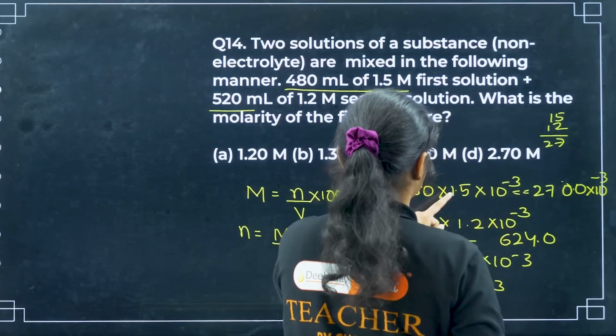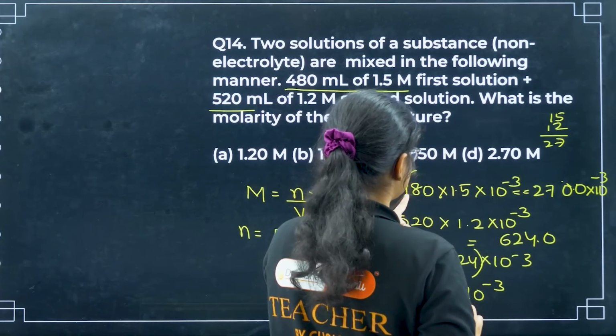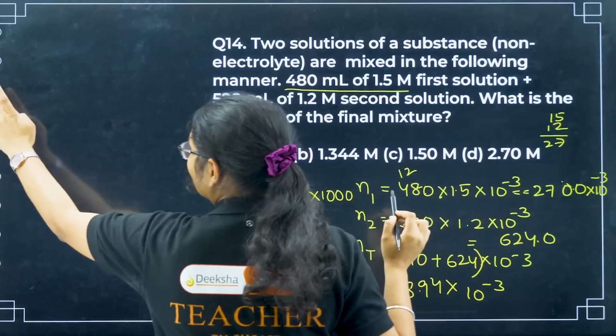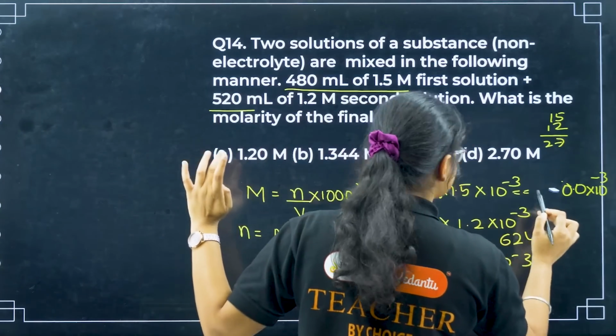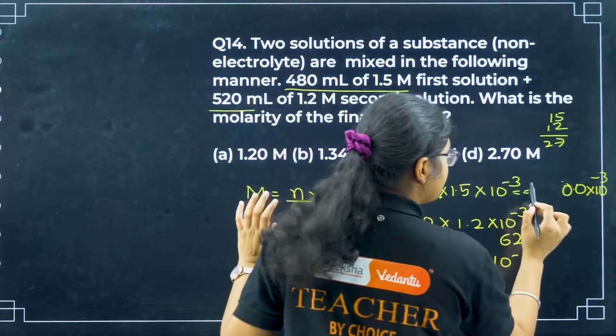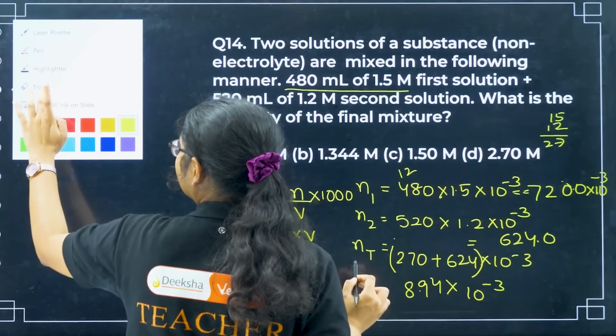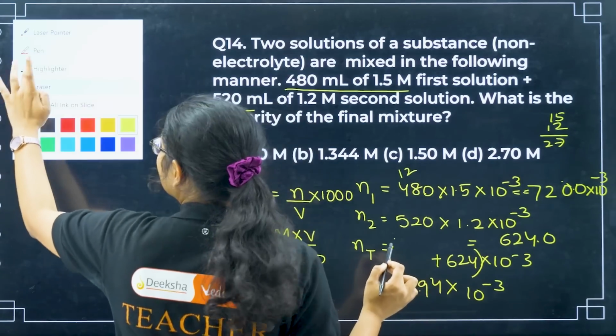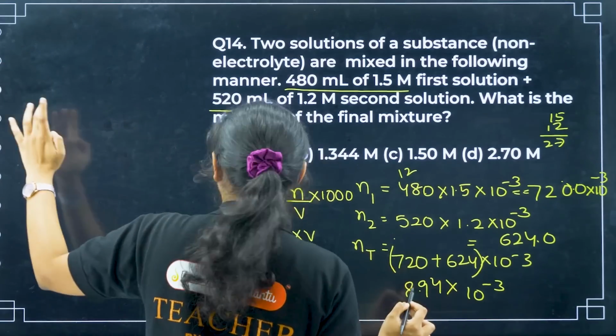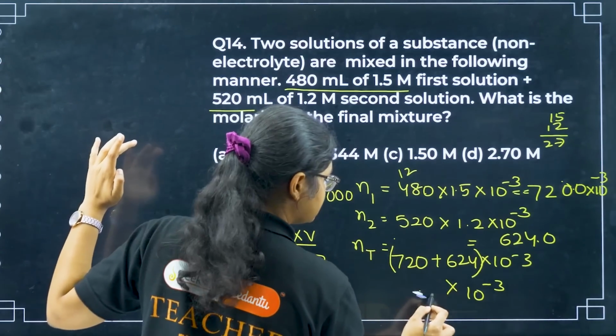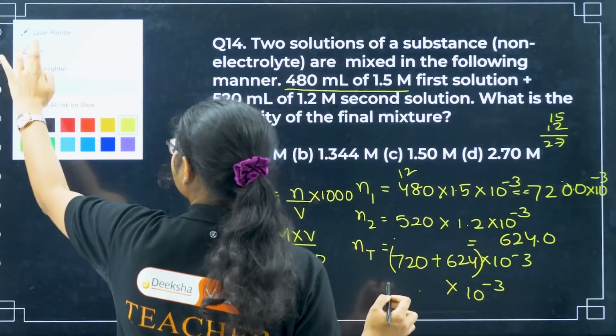Okay, here I did a mistake. 15 fours are 60, right? 60 plus 2, here it is 72. Yes, so here is a blunder, 72. So I will get 720 this one, right? 720.